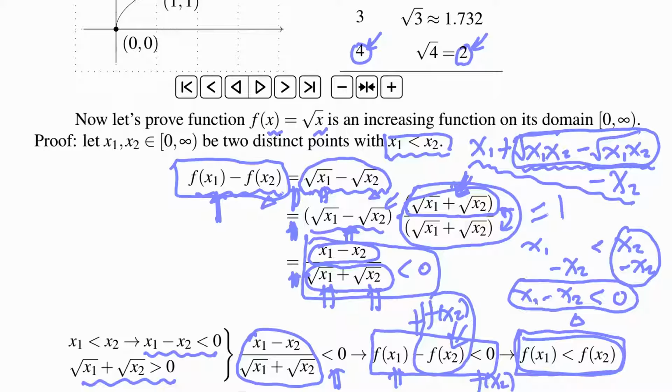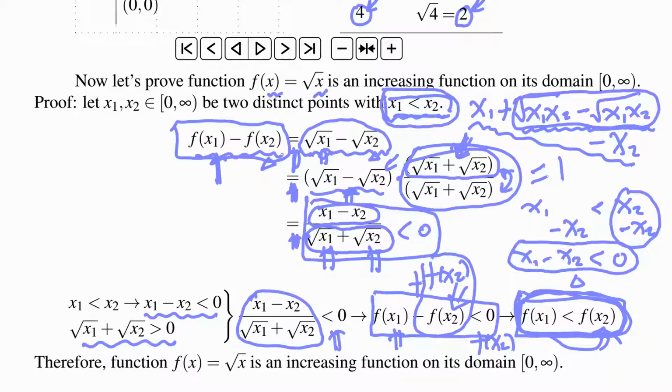Starting from x1 less than x2, we end up with f of x1 less than f of x2. So when x values increase from x1 to x2, y value also increases.